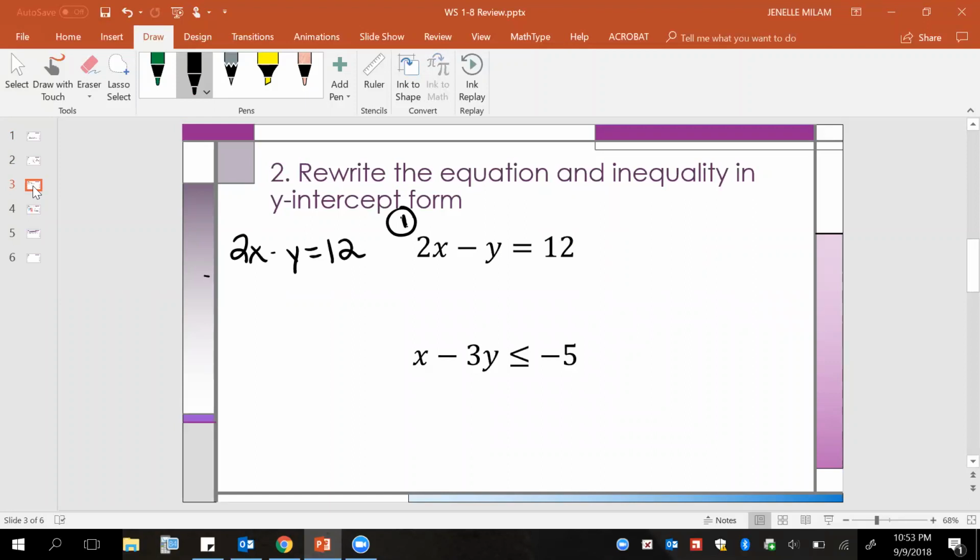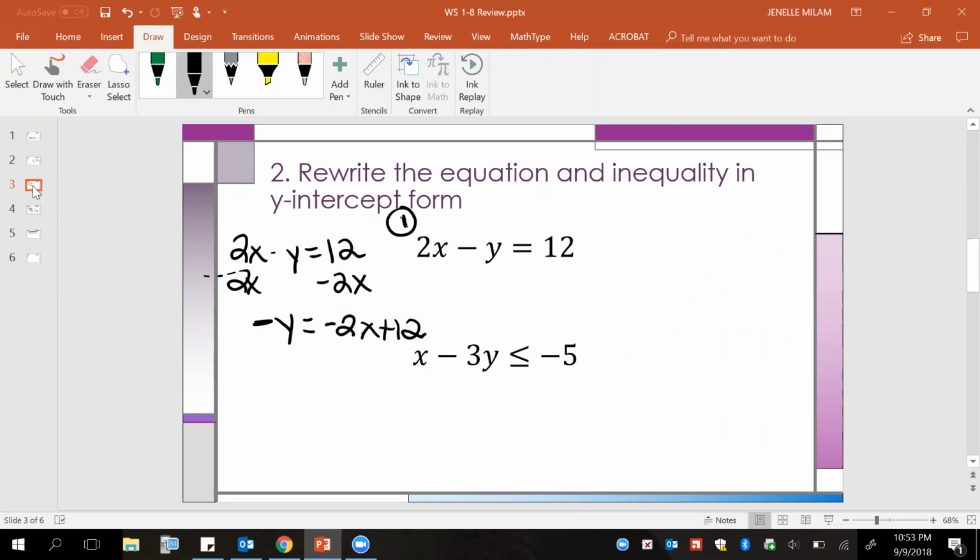Again, subtract x, so minus 2x on both sides. So I have negative y equals, guys, the 12 does not have an x, so I do not combine these. I've been seeing that mistake happening. So we leave this as negative 2x plus 12.